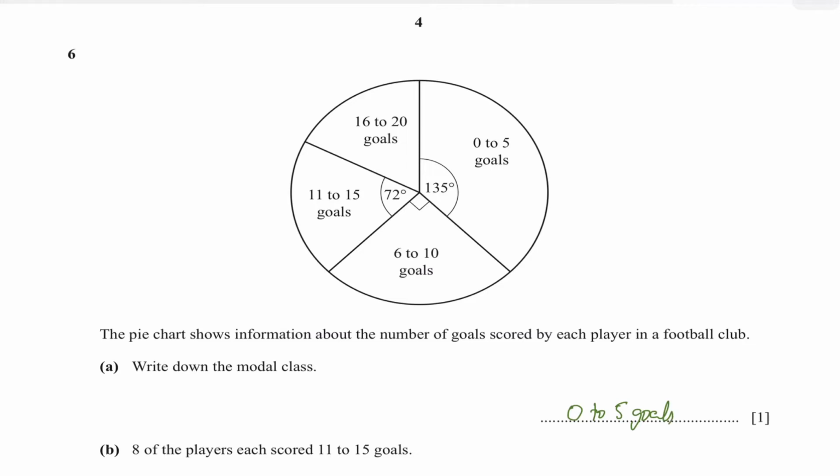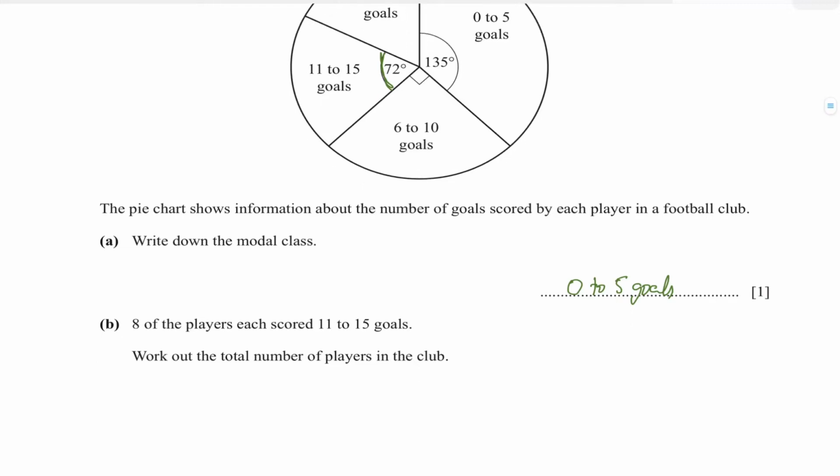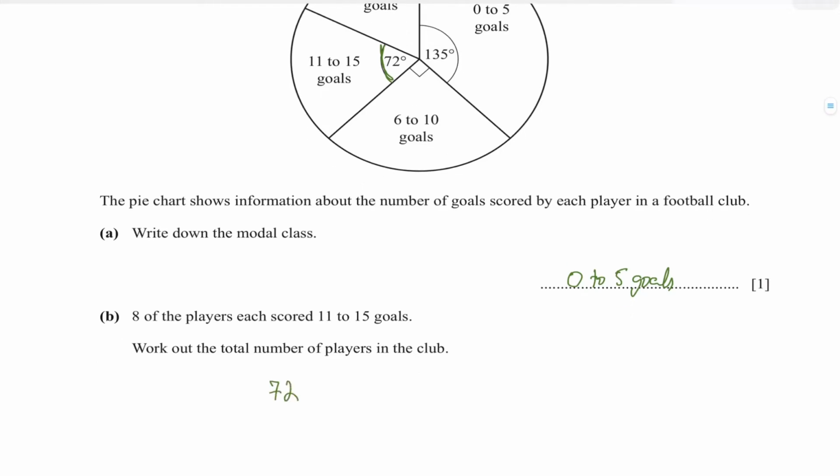Okay, with this we move to the next part, which says 8 of the players each scored 11 to 15 goals. Work out the total number of players in the club. So 11 to 15 is represented by 72 degrees. So that means this 72 degrees is equal to 8.